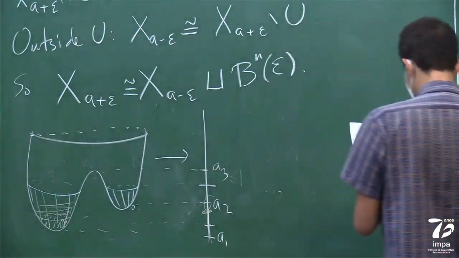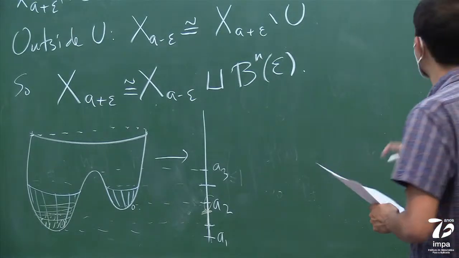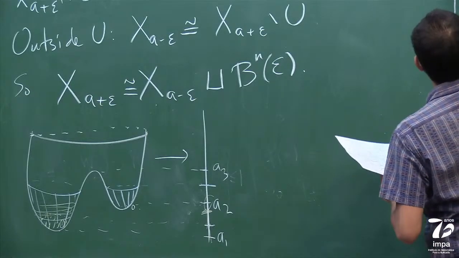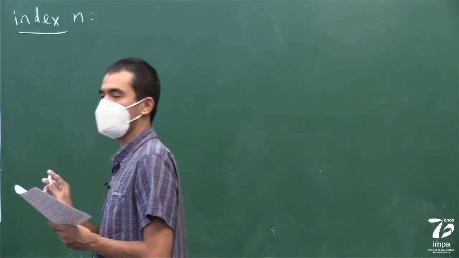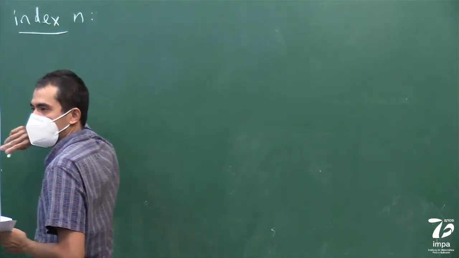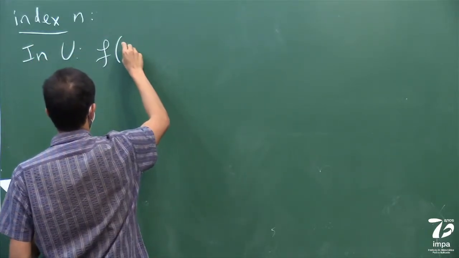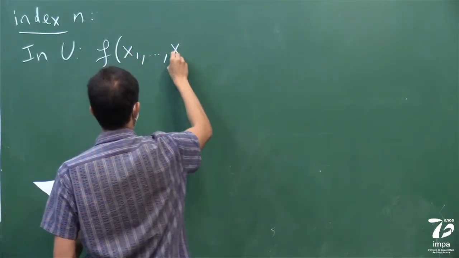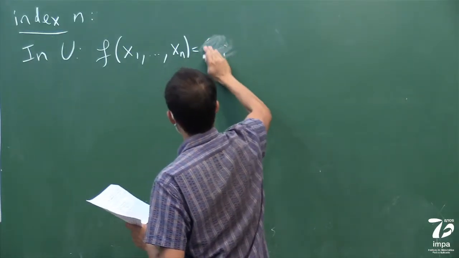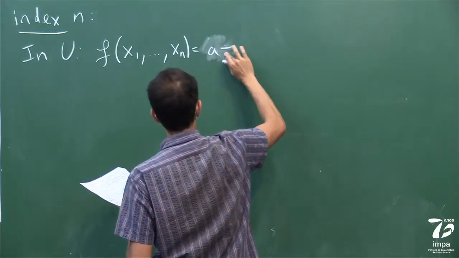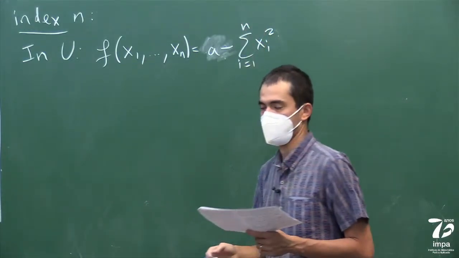I guess let me do the index n also, because it's very similar to this. So what happens when you cross an index n critical point? That means, if the index is n, so that's the maximum index, that in U my function will look like f of x1 through xn is f of p, or a, minus the sum of xi squared, i equals 1 to n.